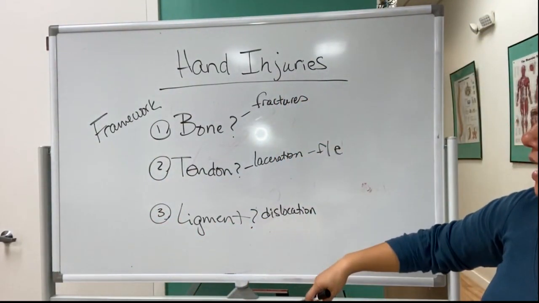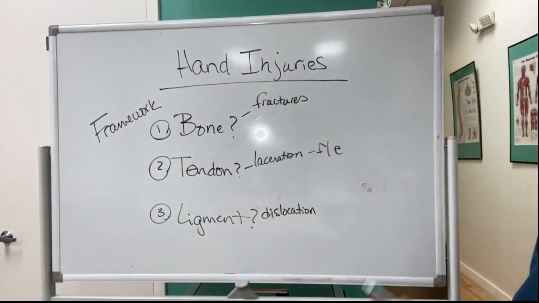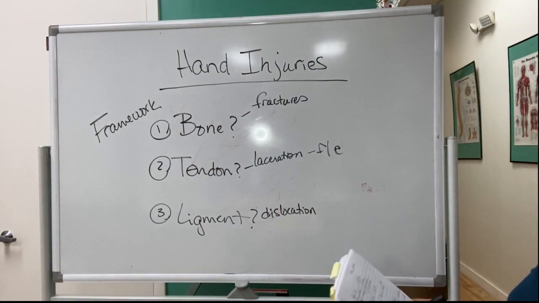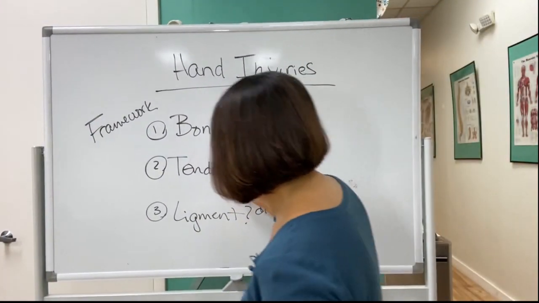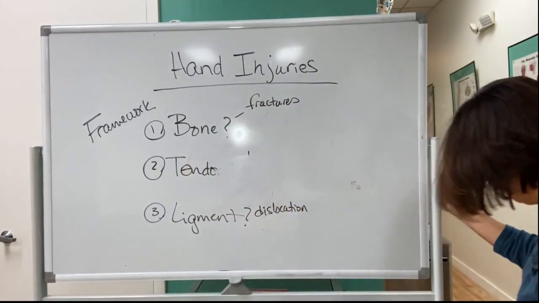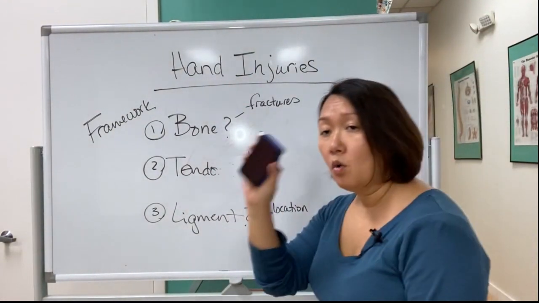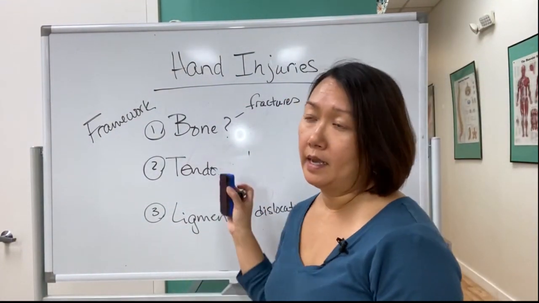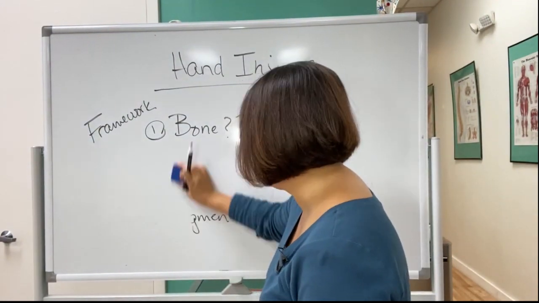So for any kind of hand injury, this is how you break up your framework, which allows you to think through any type of problem. Let's say, for example, that it's a bone problem. We're going to go one at a time before we say it's all together.